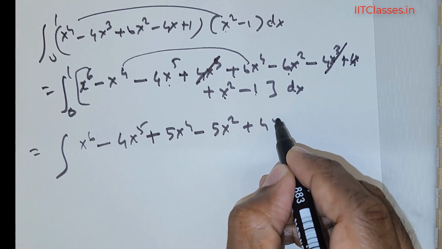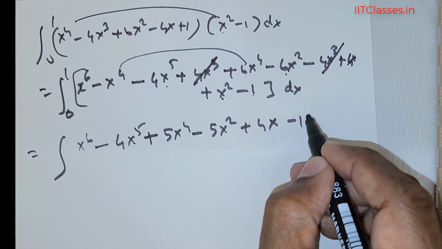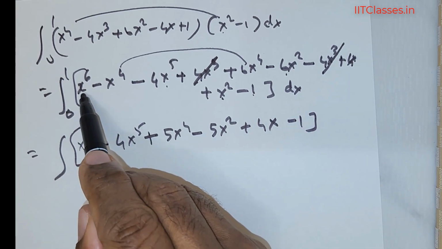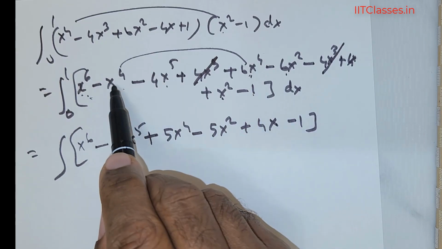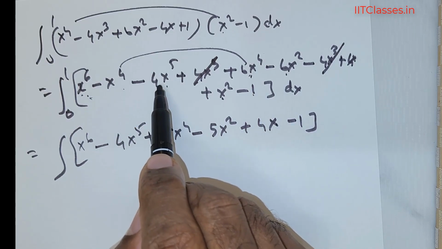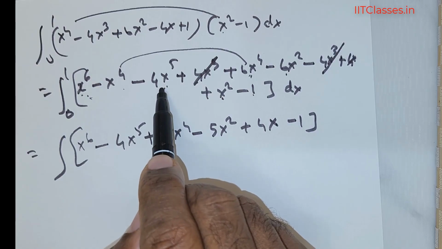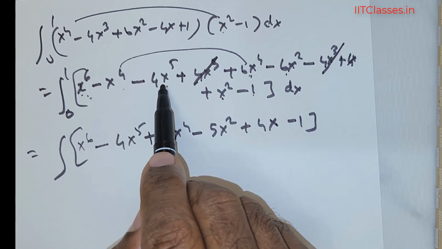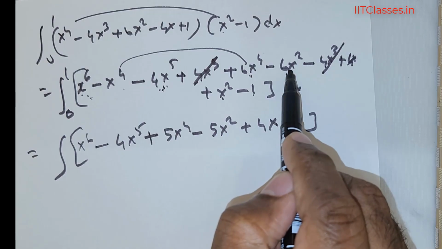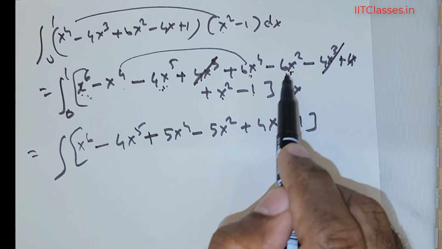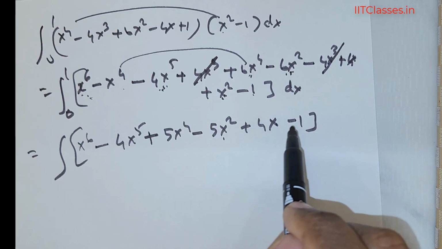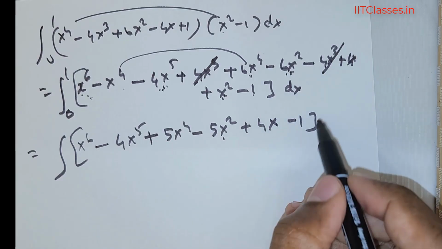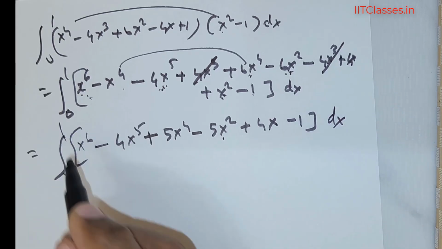I cannot do anything with that. Okay, retain it as it is, followed by negative 1. So let me give a check. So this is done. This is presented as it is, and negative 6x squared with this, I get a negative 5x squared, negative 1, and a positive 4x times dx. So the limits are 0 to 1.